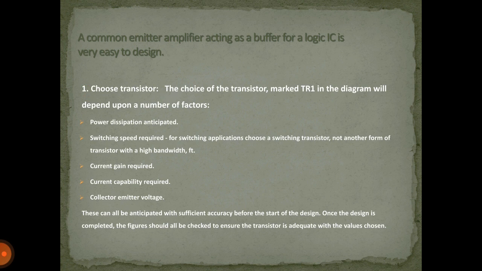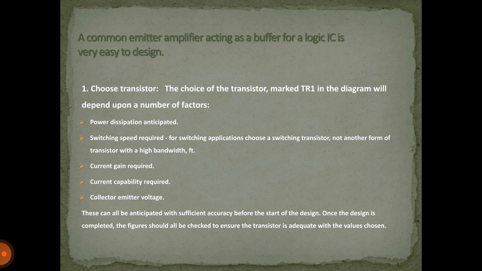A common emitter amplifier acting as a buffer for a logic IC is very easy to design. Choose a transistor. The choice of the transistor marked TR1 in the diagram will depend upon a number of factors: power dissipation anticipated, switching speed required. For a switching application, choose a switching transistor, not another form of transistor with high bandwidth FT.